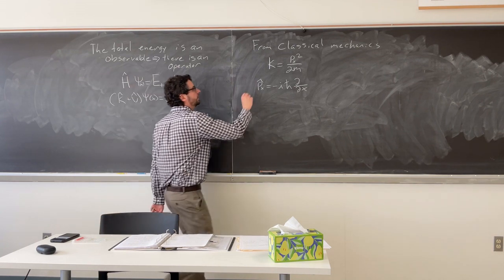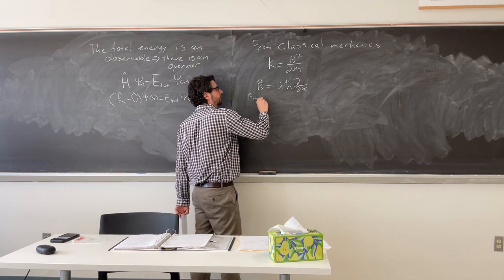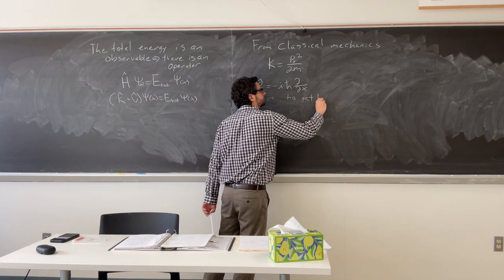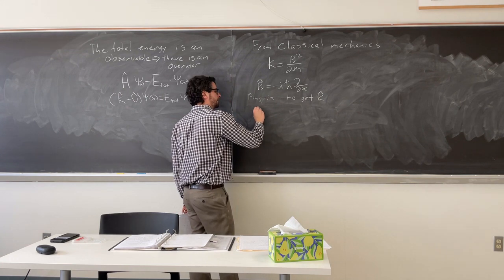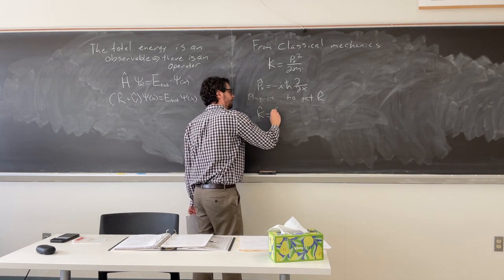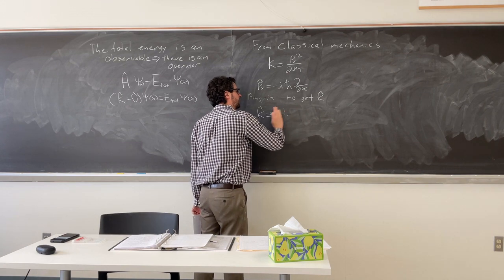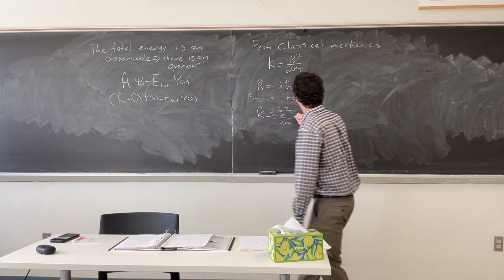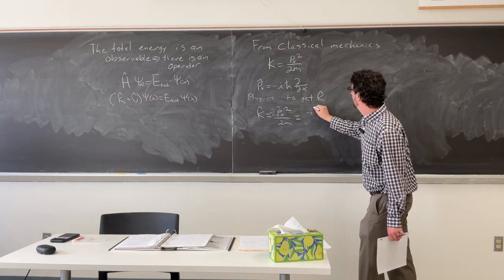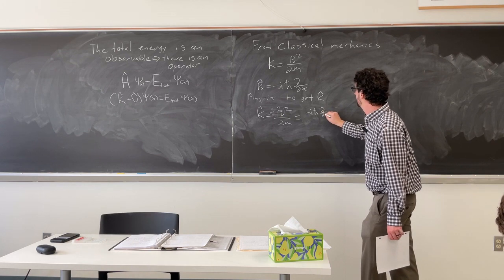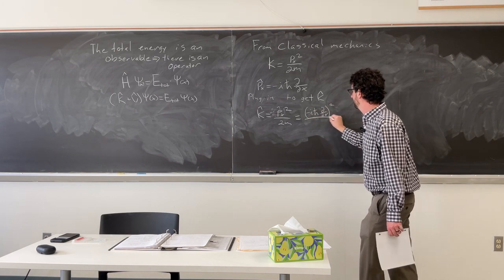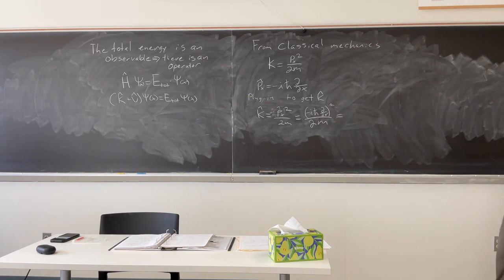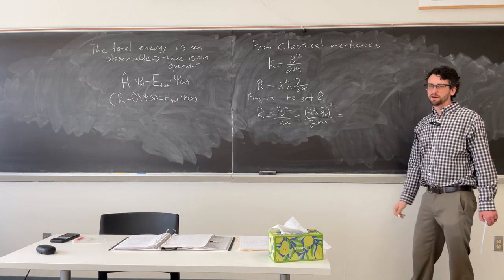Okay. Let's plug in to get K hat. So what we'll do is this. We can plug that in. So we get negative i h bar, and if we square this, what are we going to get out?